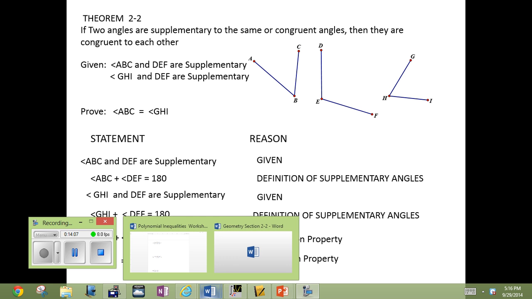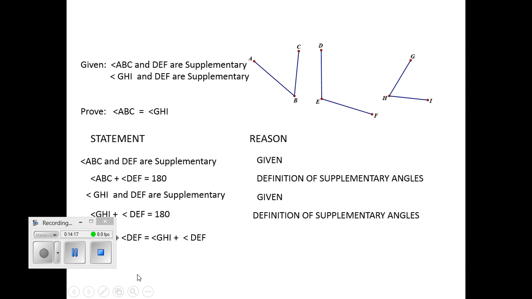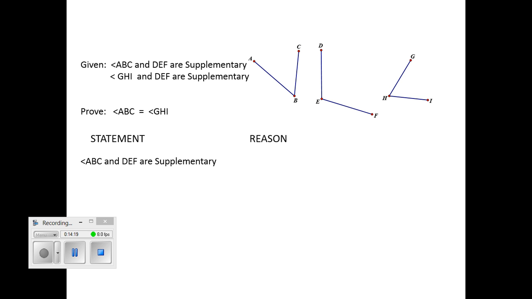In other words, go back to just this statement right here and then try to work out the details of the proof on your own, because invariably that's what you're going to have to do very shortly. Okay? We'll look at some of these type problems, the proofs, outlining both statements and reasons, in class tomorrow.